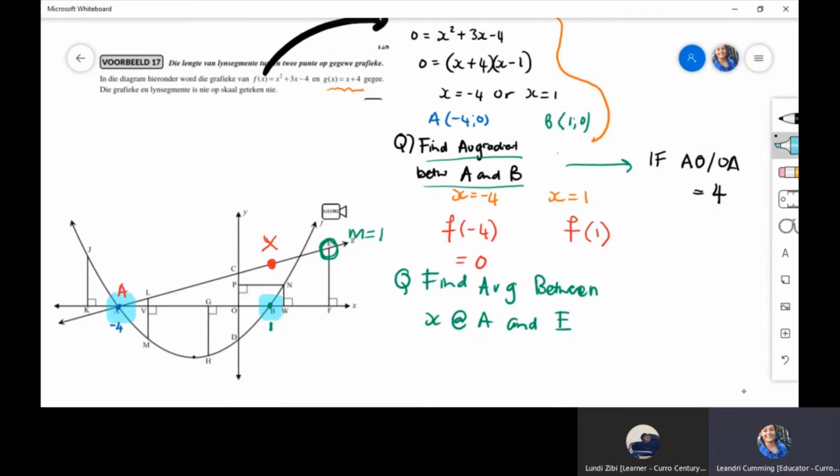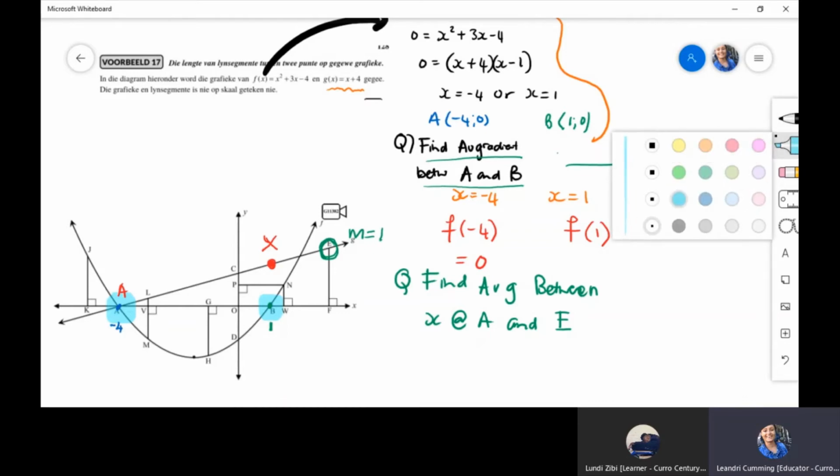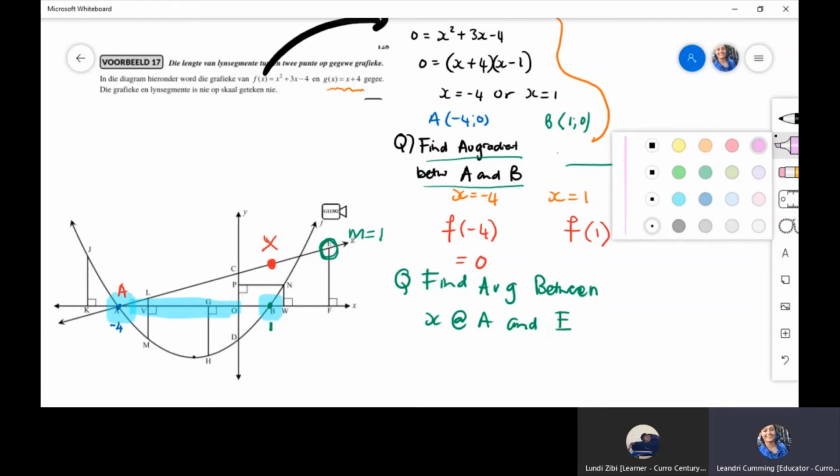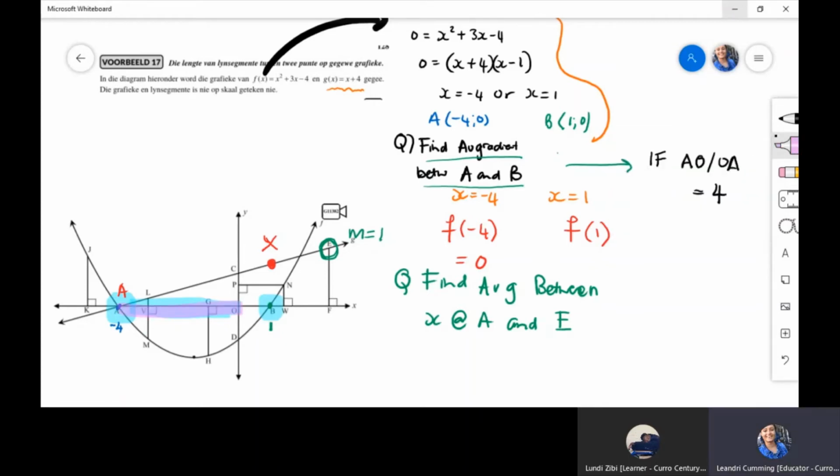If OA is equal to 4, they're in fact telling us that the units from the origin to the letter A is in fact 4. Then you should watch out not to use a positive 4 for your x value, but to interpret it as negative. That means, therefore, at coordinate A, I'm at minus 4 and 0.